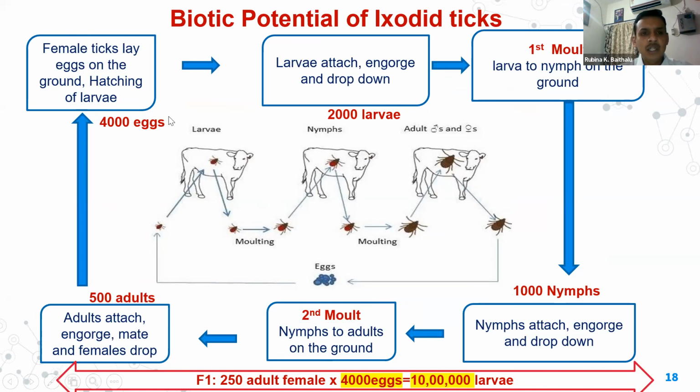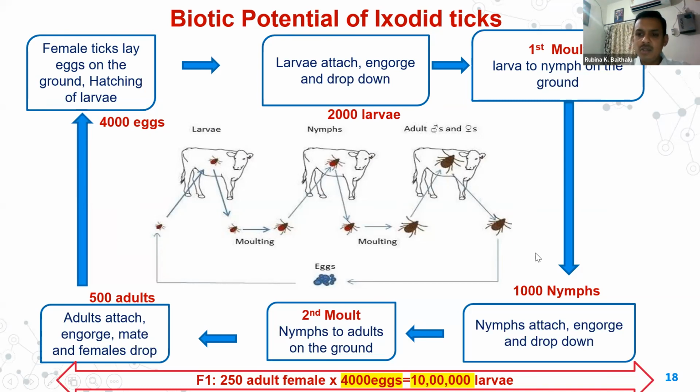From this, you can see one female tick can give rise to 4,000 eggs. Now, during molting, these 4,000 eggs can give rise to 4,000 larvae. But due to adverse environmental conditions, suppose we consider 50% of the larvae survive, they can give rise to 2,000 nymphs.